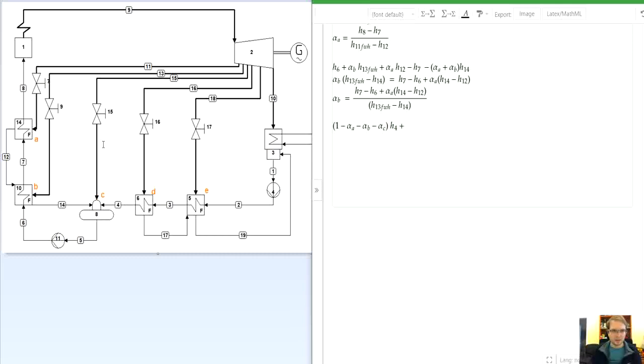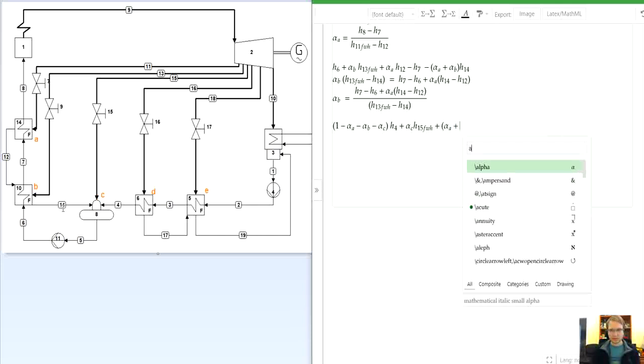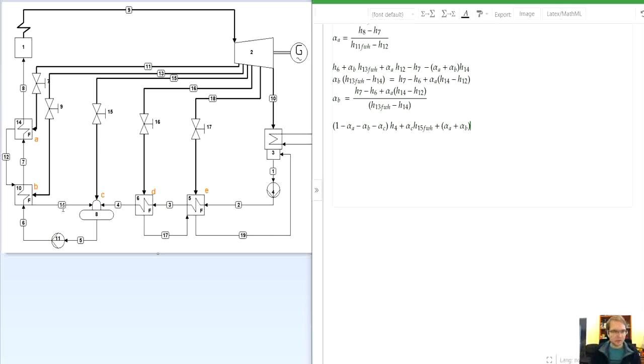The other inlet is alpha C multiplied by H15 FWH, and the last input, node number 14, stream number 14, which is alpha A plus alpha B, the mass flow rate combined this one and this one, outlet is here, so alpha A plus alpha B multiplied by enthalpy H14.